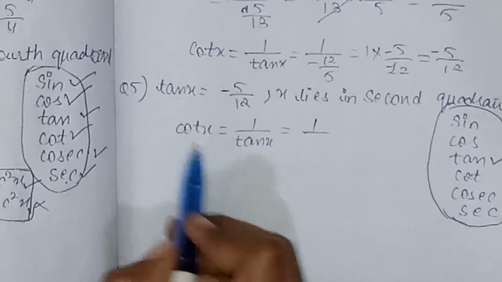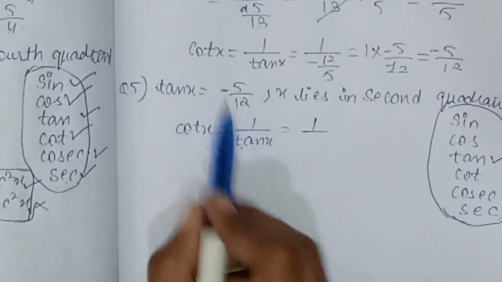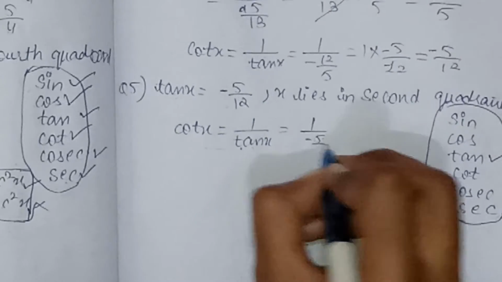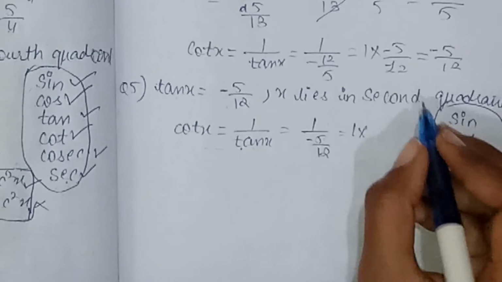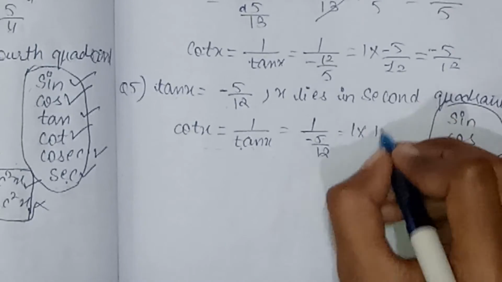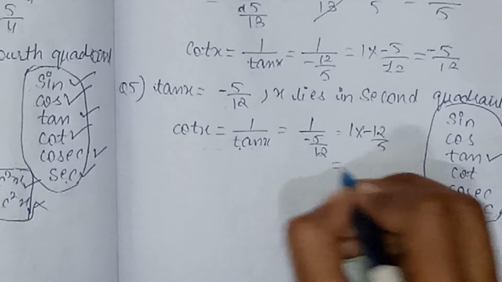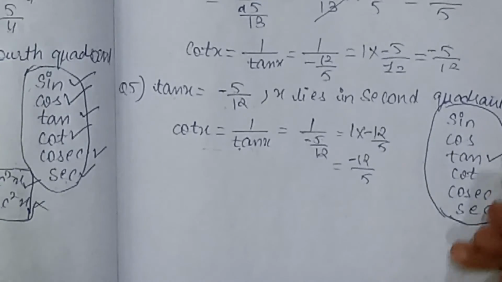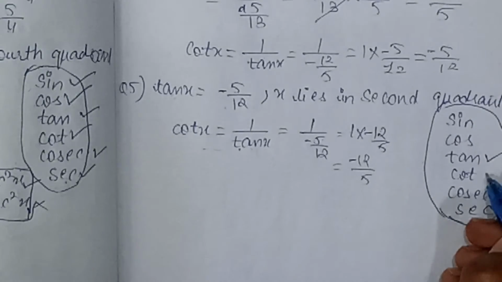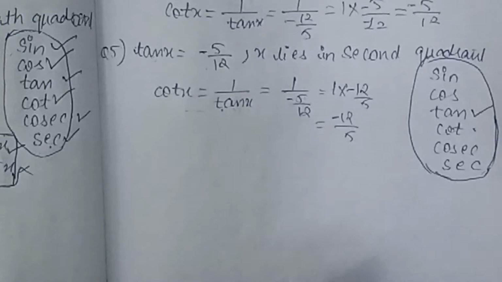The value of tan given in the question is minus 5 by 12. So 1 over minus 5 by 12 becomes the reciprocal, 12 by 5, minus. So we got the value of cot also.